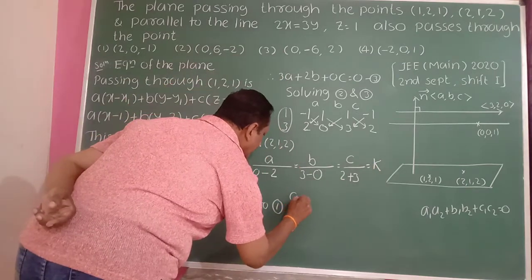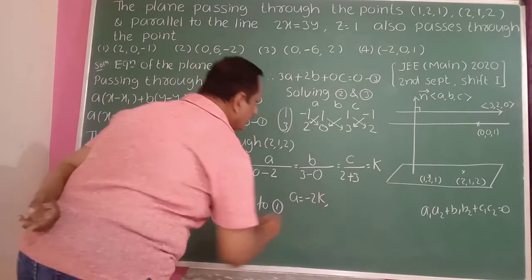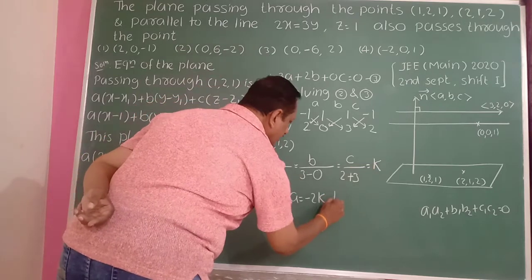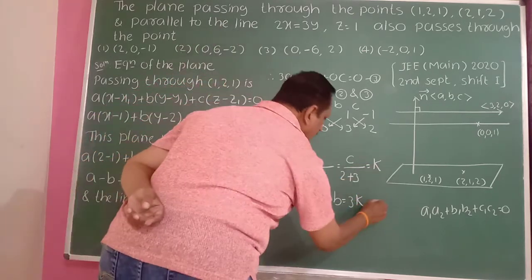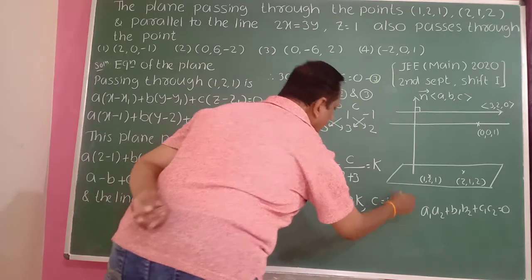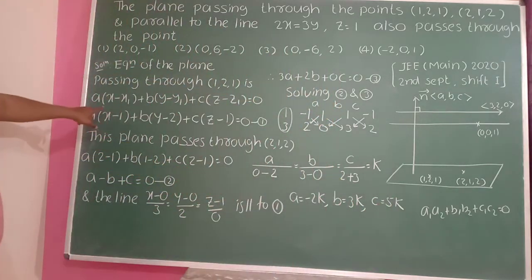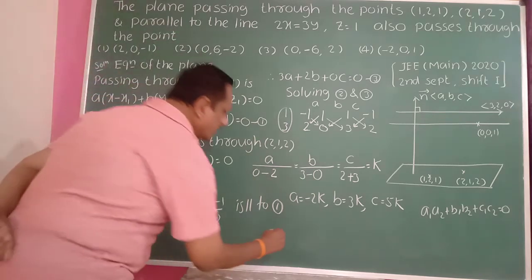So A is equal to minus 2K, B is equal to 3K, and C is equal to 5K. Use these in equation 1.